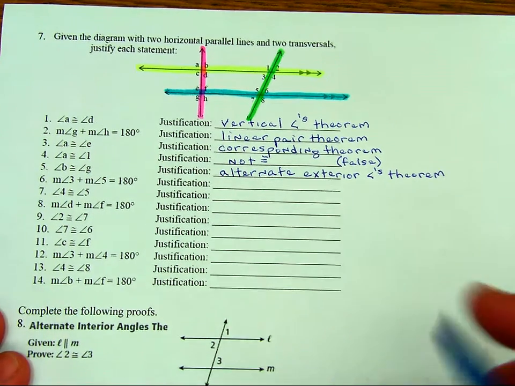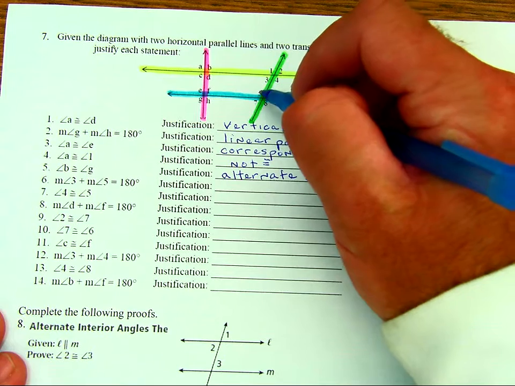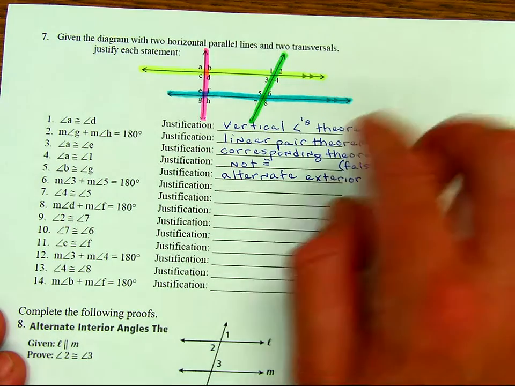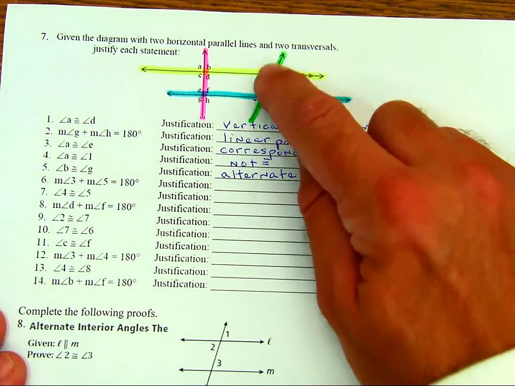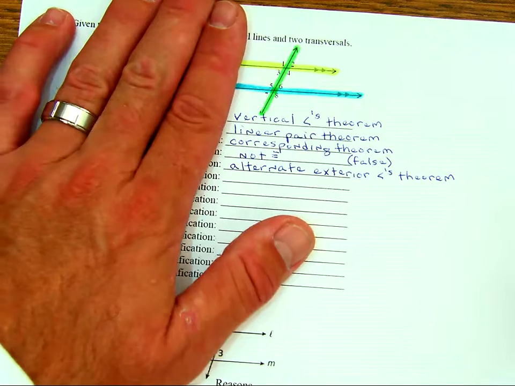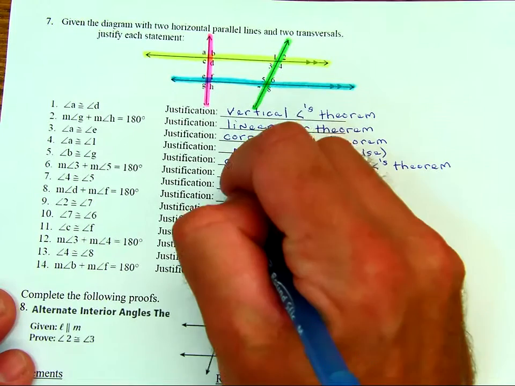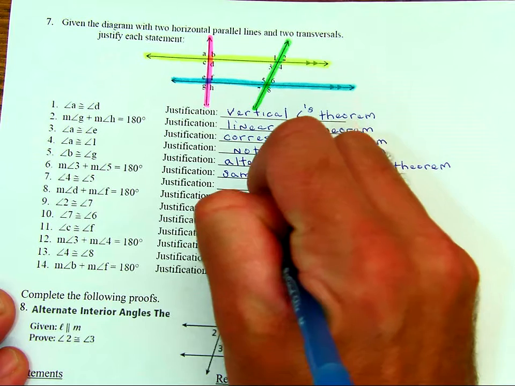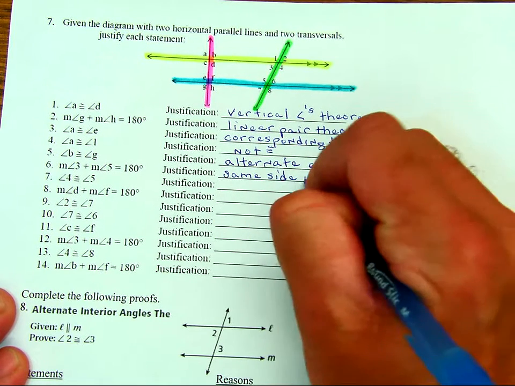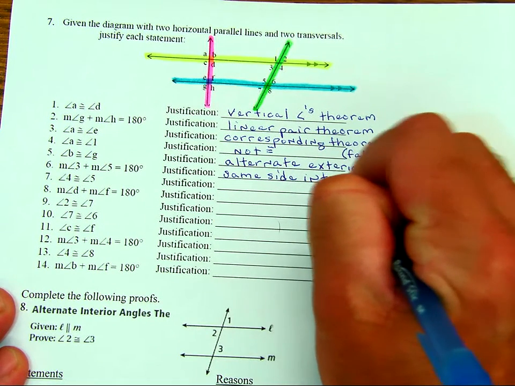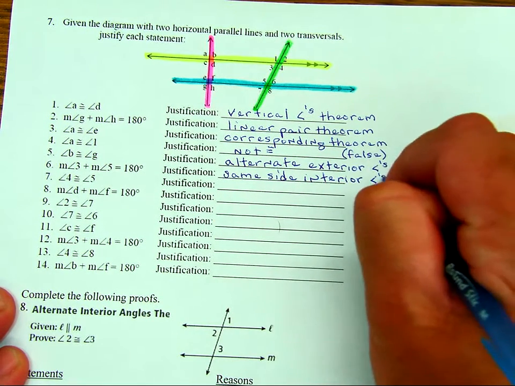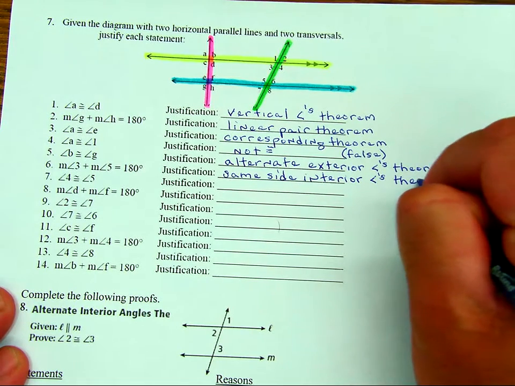Okay, next it says angle 3 plus the measure of angle 5 equals 180. They're interior angles between the yellow and blue lines, and they're on the same side of the green transversal. The same side interior angles theorem says that same side interior angles are congruent when the lines are parallel.